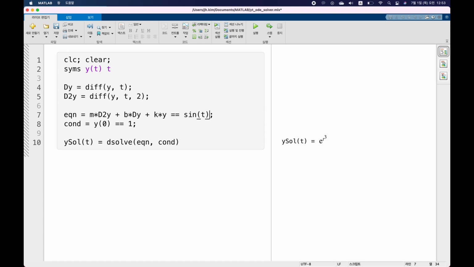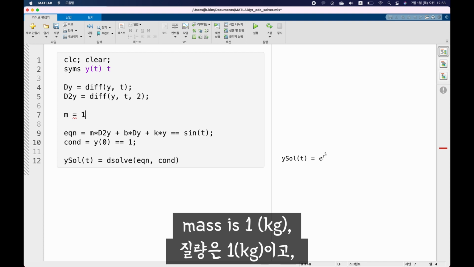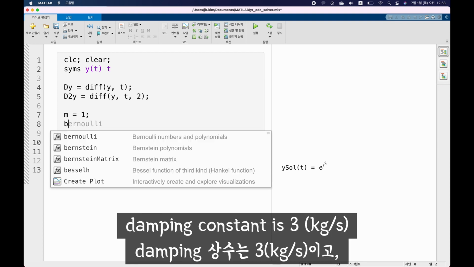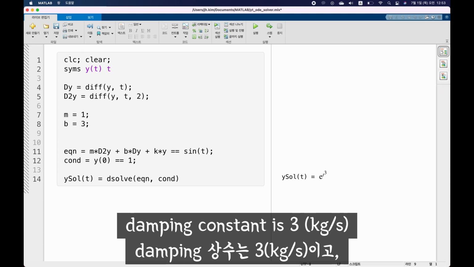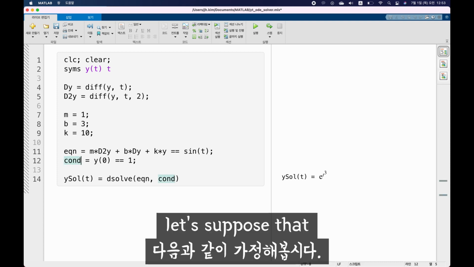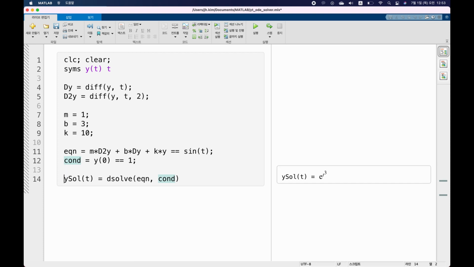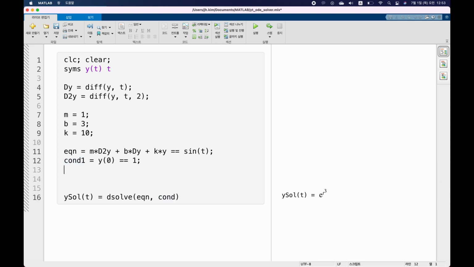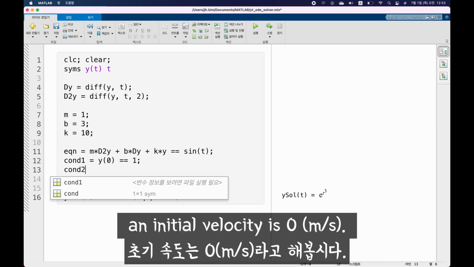Then mass m is 1, the damping constant is 3, and the spring constant is 10. Okay, cool. And then let's suppose that the initial position is 1 and the initial velocity is 0.